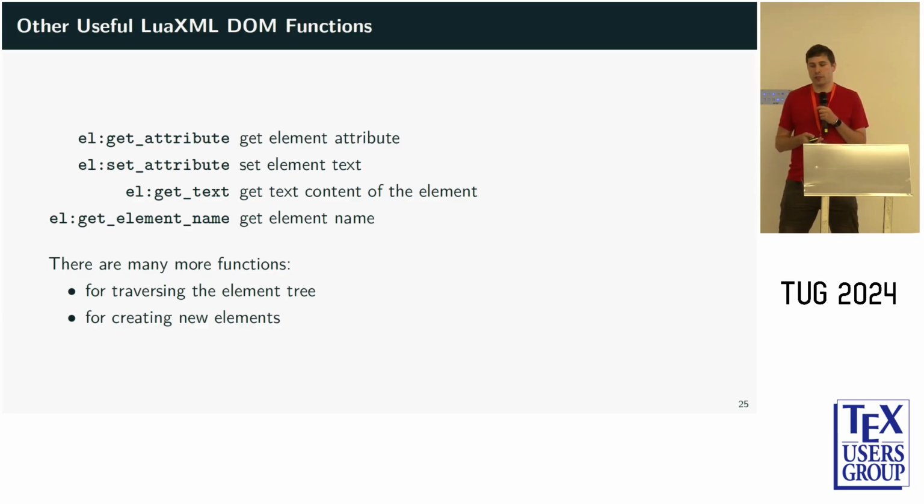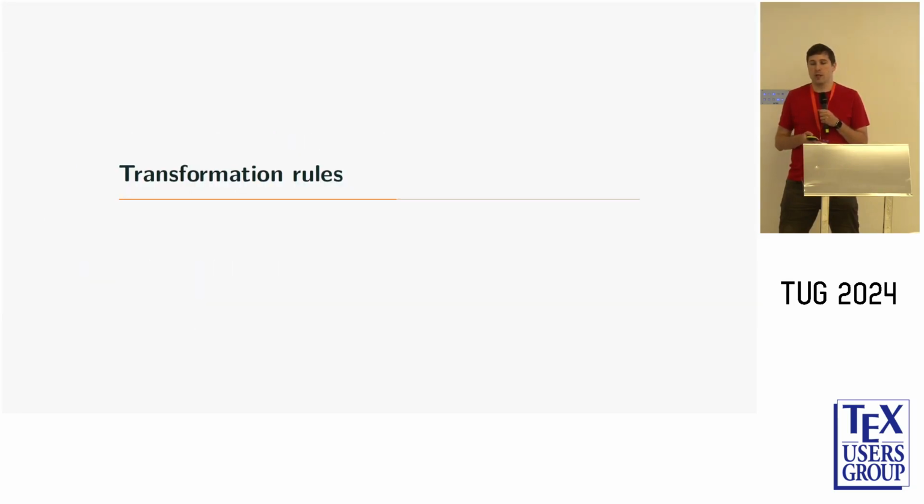For example, if you get text from the document, it will give you the plain text of the whole document. There are many more functions in LuaXML for working with the DOM. So I can advise you to read the documentation of LuaXML because there are a lot of examples for some practical stuff that you can do.